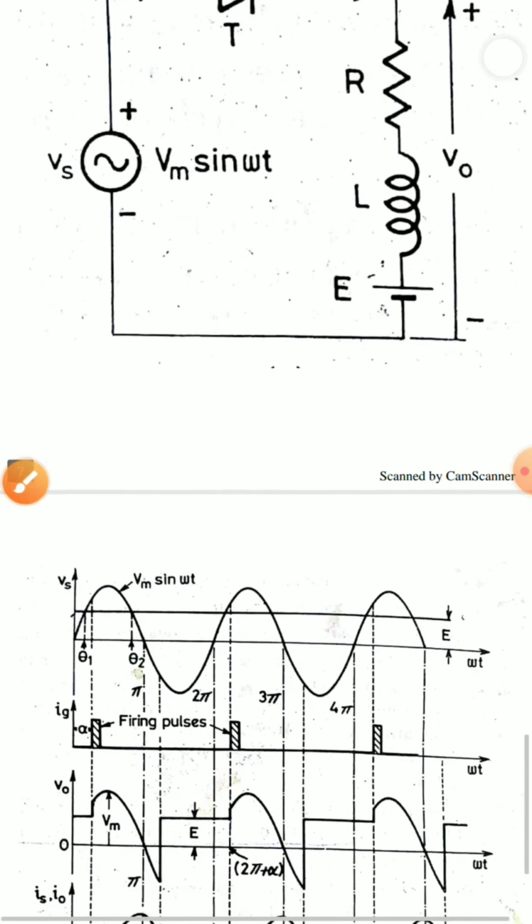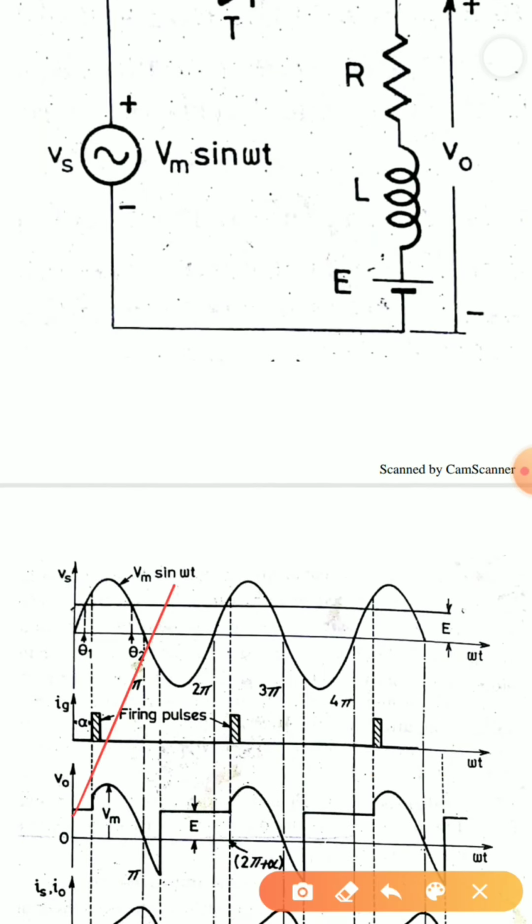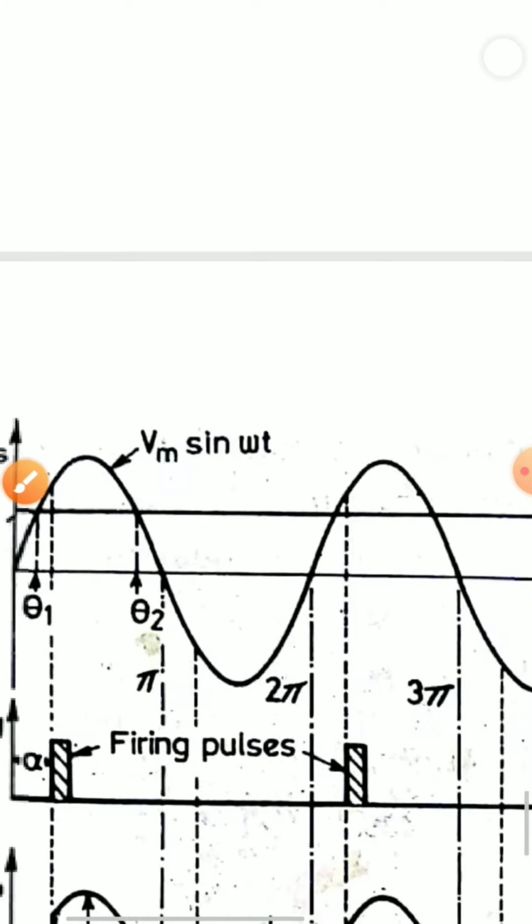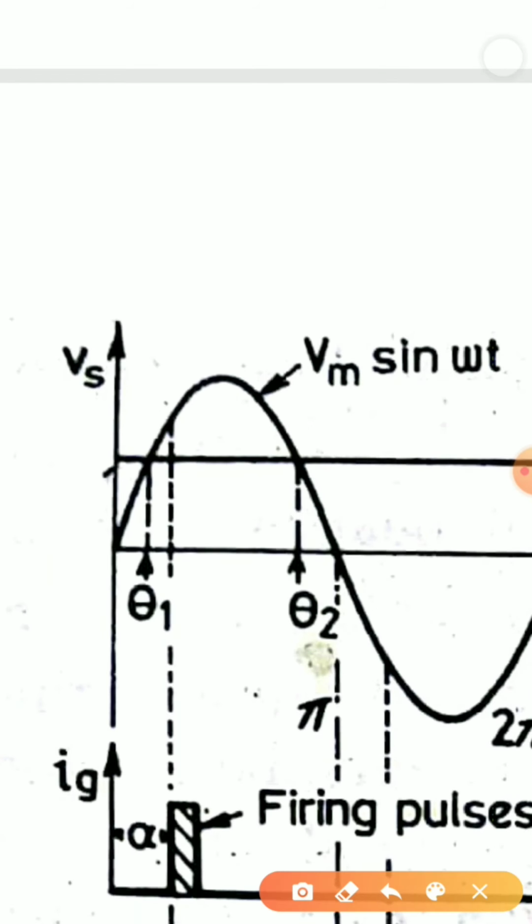Why? Let us say this is theta1, and the firing angle is given before theta1, at this instant. When I give the firing pulse, my thyristor tries to turn on, but the opposing voltage is more, so my thyristor will not become forward biased.